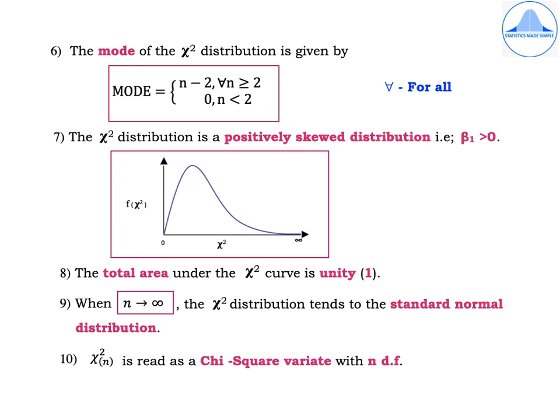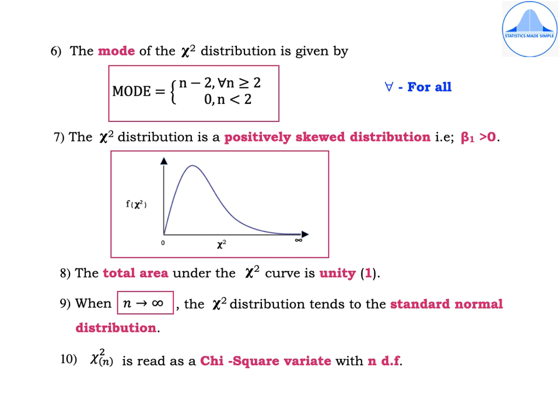On the x-axis, we have to mark from 0 to infinity, and on the y-axis, you have f of chi-square values. So corresponding to each chi-square value, if we find out f of chi-square and plot the curve, then you will see that the curve is positively skewed. That is, the right tail is longer than the left tail.